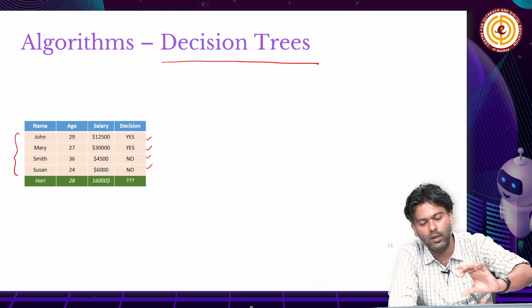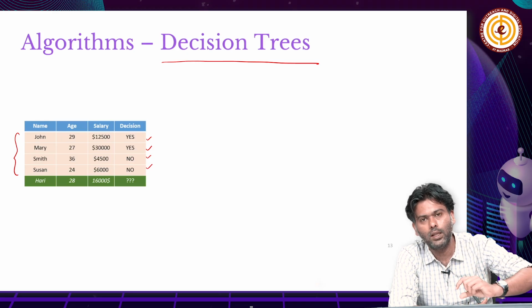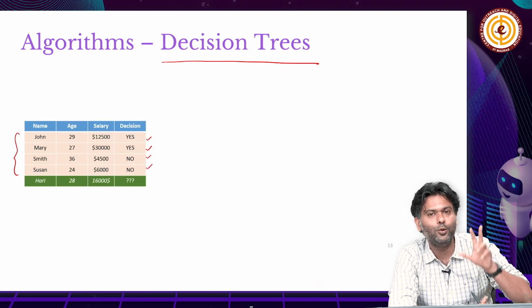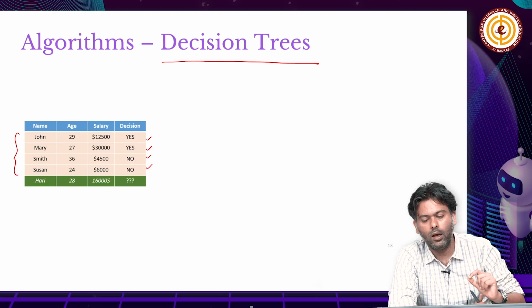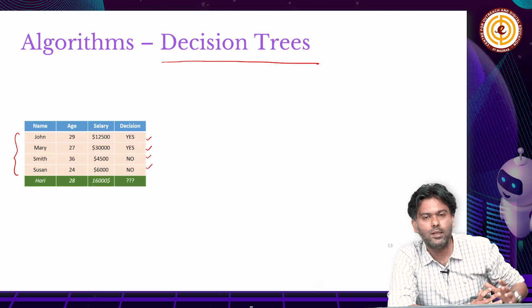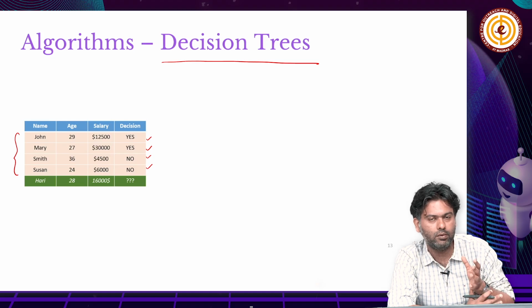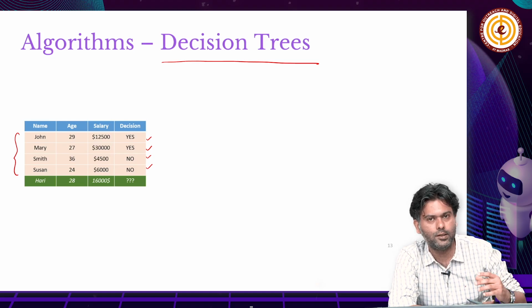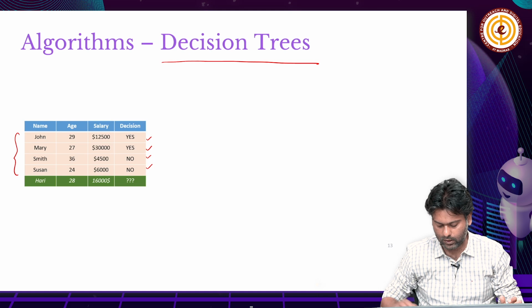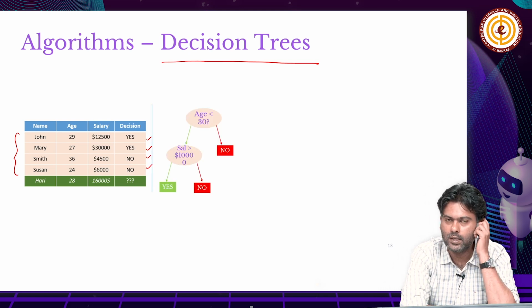And now, as the name suggests, we are going to look at an algorithm which is going to make a decision using a tree. A tree is an object, as we will see, that will help us make decisions. I'll tell you what this tree is. So here is an example of a tree.